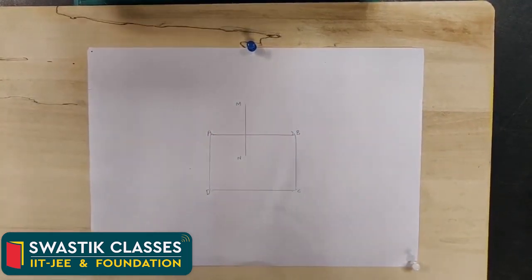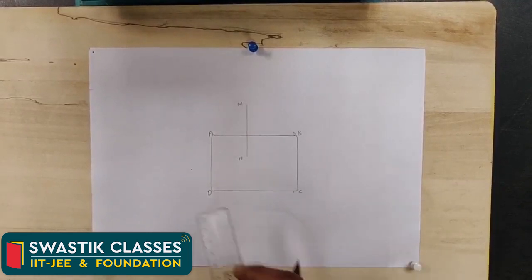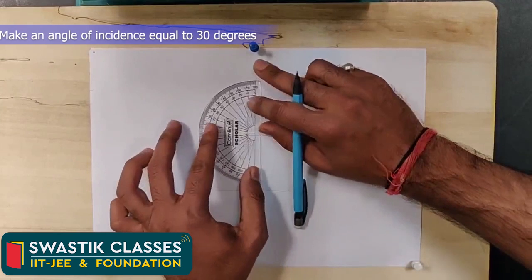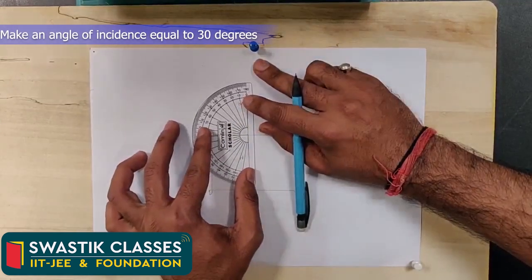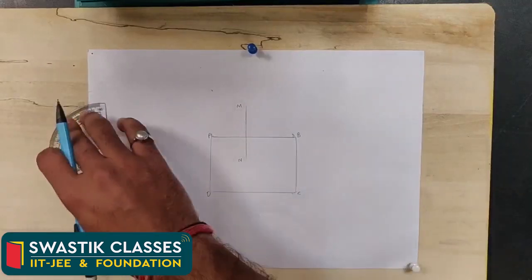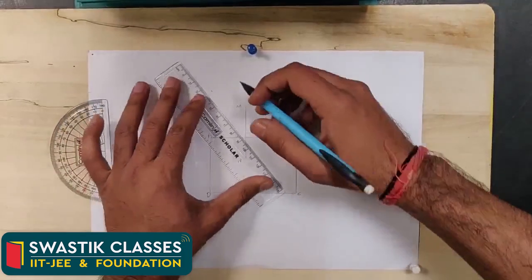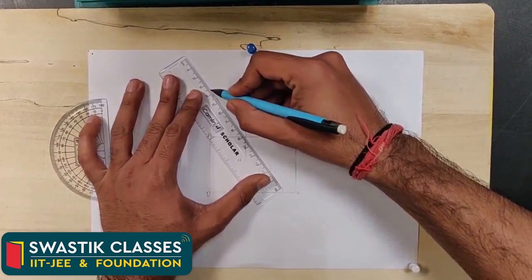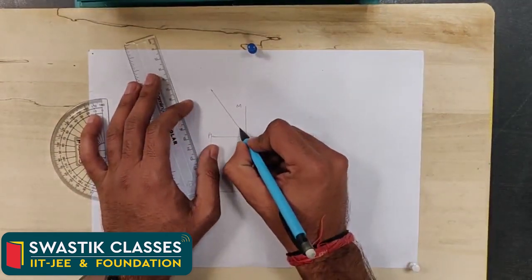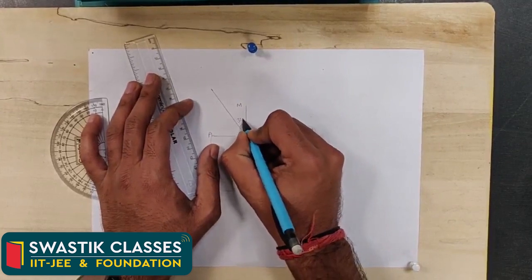Now I'll make an angle of incidence equal to 30 degrees. So here I'll make an angle of 30 degrees, and now we'll join it using this scale. This will be marked as 30 degrees. This is the angle of incidence.